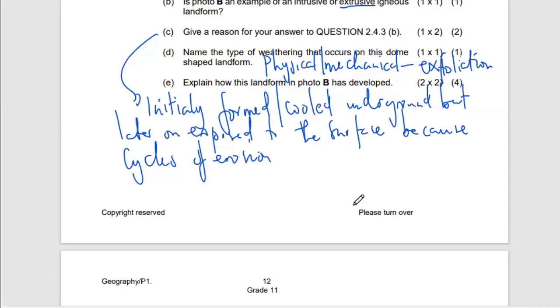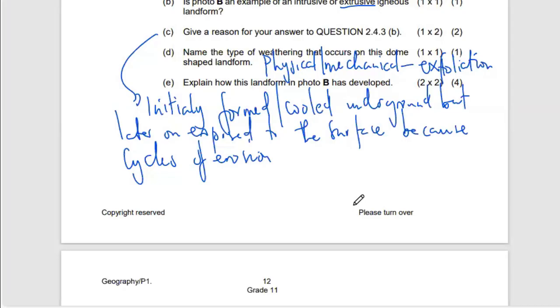The granitic domes form as a result of massive magma solidifying underground. Magma forces itself underground and cools down. Then the overlying rocks, being weaker, are eroded through cycles of erosion, and the hard and resistant rock comes out in the form of that granitic dome, or those dome-shaped landscapes.